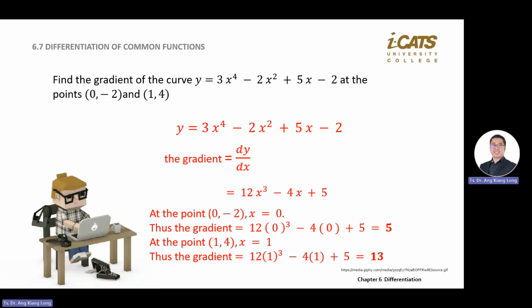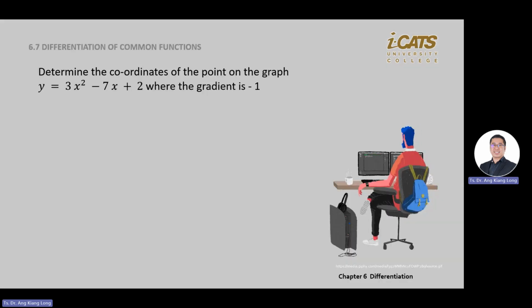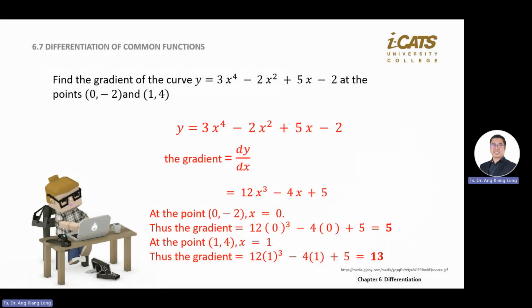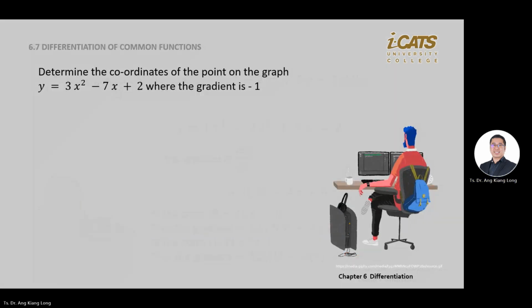This one no need to open book, close book also you can do. The steps will be similar, I only change the numbers. This one is also the same. You can reverse it. Sometimes I give you coordinates, sometimes I give you the gradient. Gradient means you are given the dy/dx value, then find y and x.